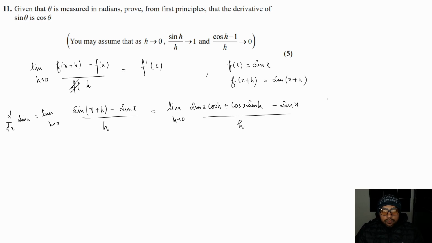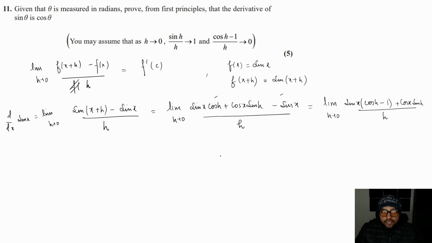Okay. Now, on further calculating, what we can see here, limit of h tending to 0, we'll take sin x common in this and this part. So we'll be left with cos h minus 1 plus cos x sin h upon h.